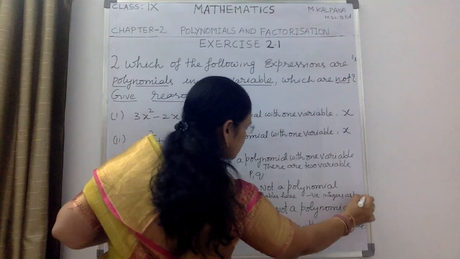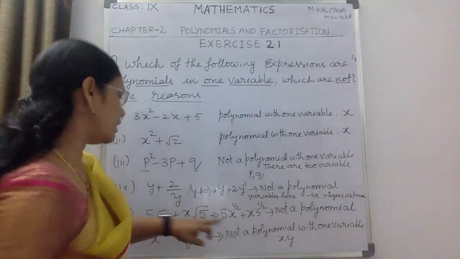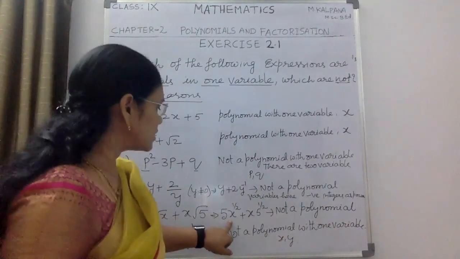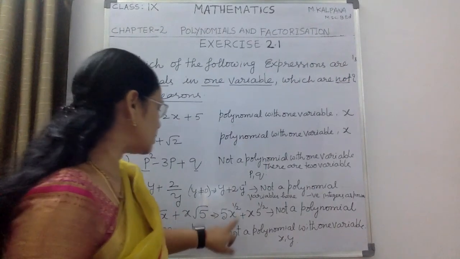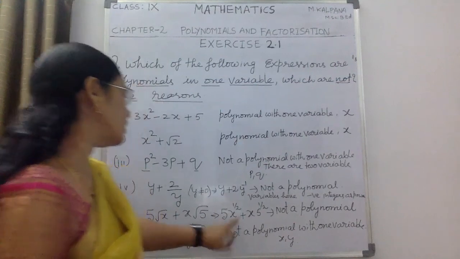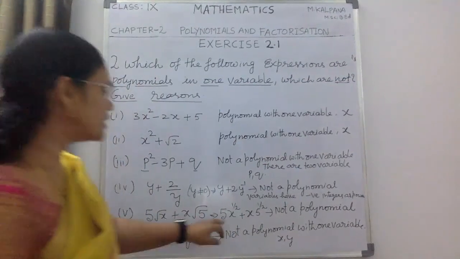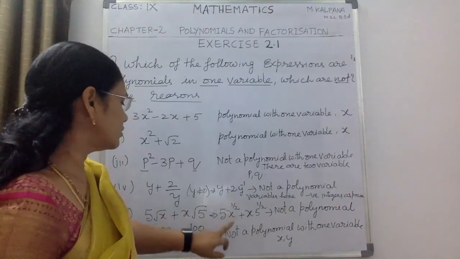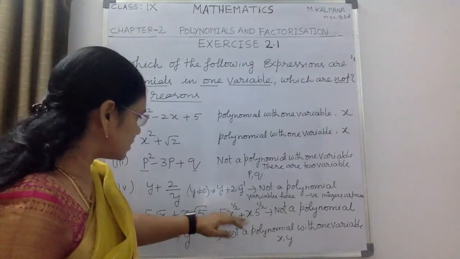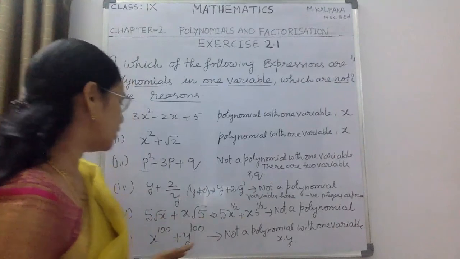The same reason applies to the next one. Here this expression is also not a polynomial. Why? Because here it is containing a fraction as a power. So this expression is also not a polynomial.